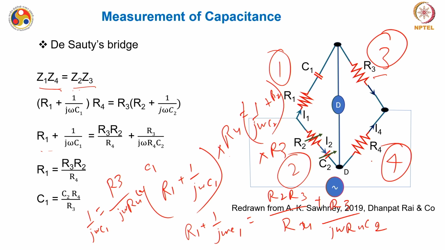So in this condition, de Sauty's bridge helps you in finding the capacitance value as well as the impedance value of this unknown impedance of branch 1. This is just one way of measuring capacitance.